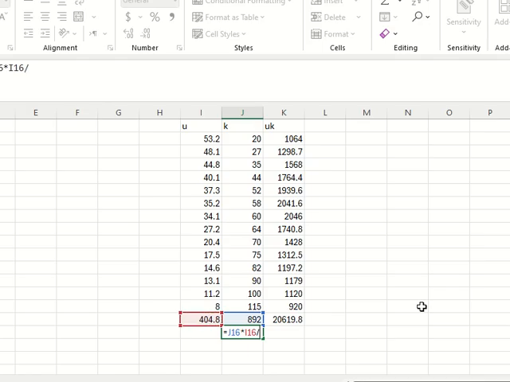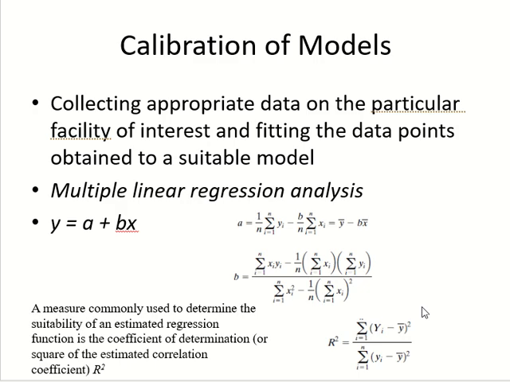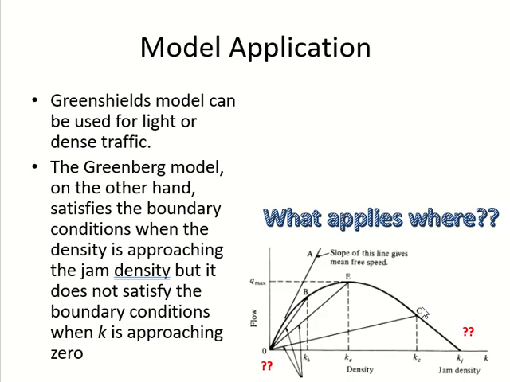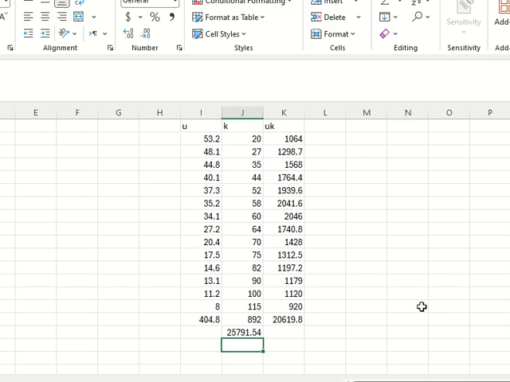How many are they? 14? Okay, so I got this now. I need the summation of x squared, so I will take x squared, which means k squared basically.